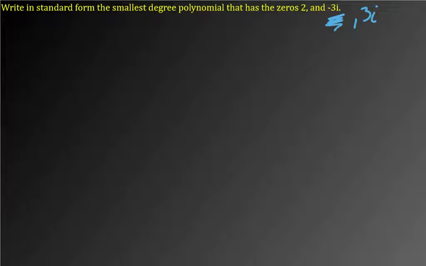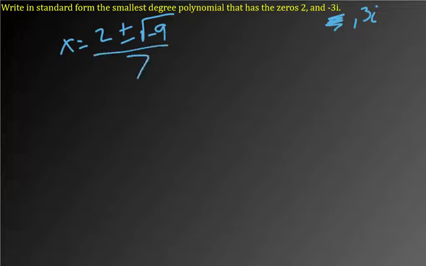And this is just coming out of the quadratic formula. If you have x equals 2 plus or minus the square root of negative 9, over 7 or something, this part in here is where you're going to get imaginary numbers when we solve these problems.